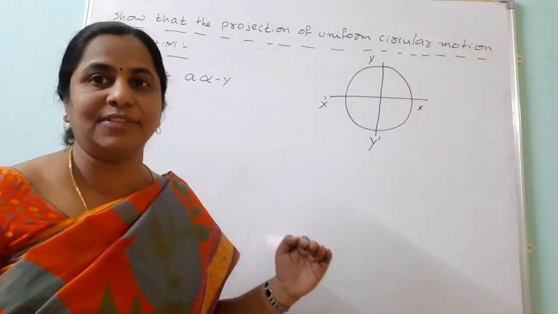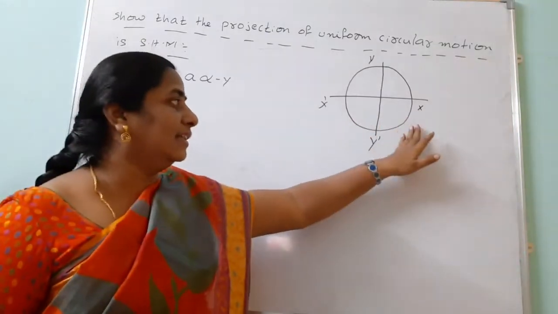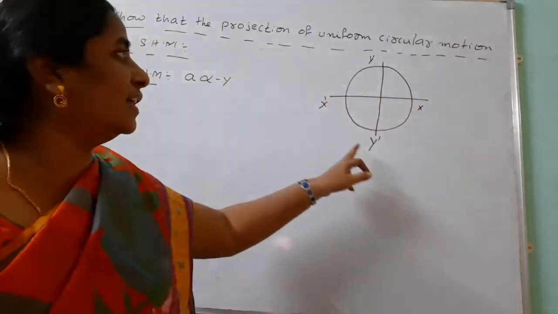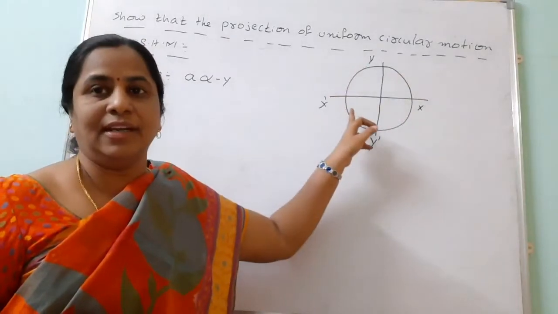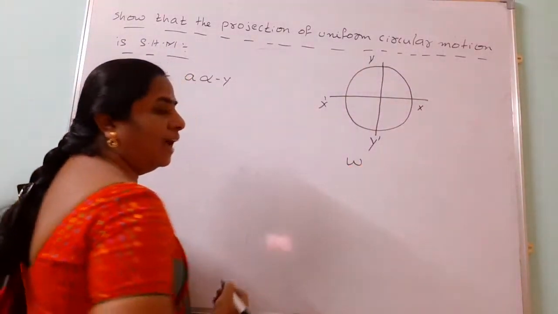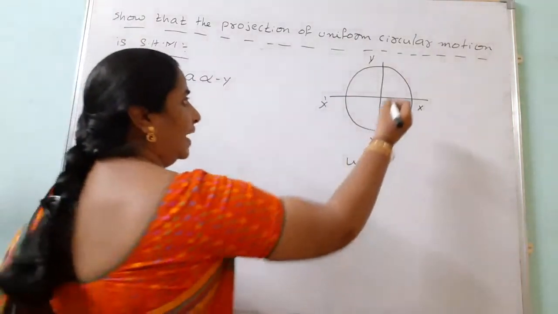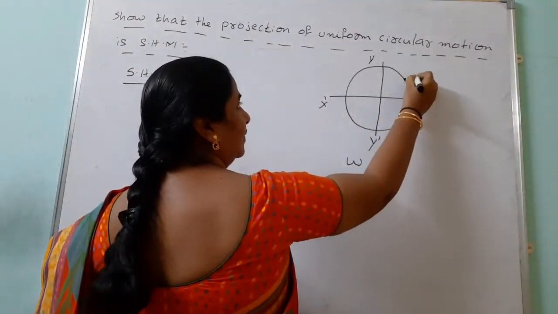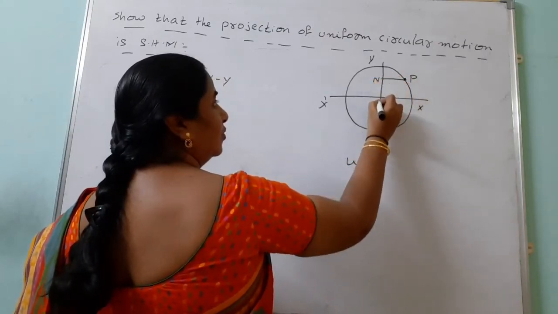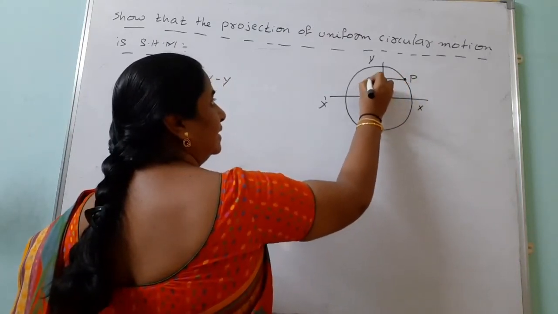The next part: here the particle is projected and it is having which motion? Uniform circular motion. We consider omega as the angular velocity and the particle P is here. We draw the normal to the surface, N. From O to N we consider the distance as y.